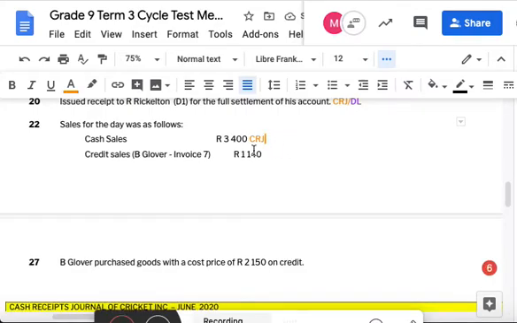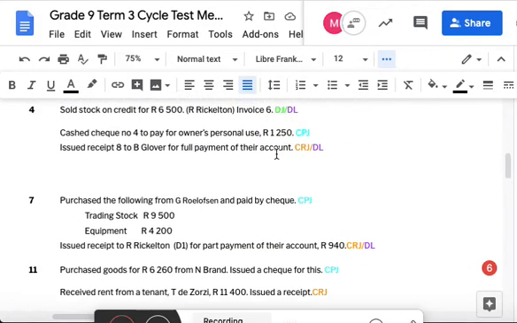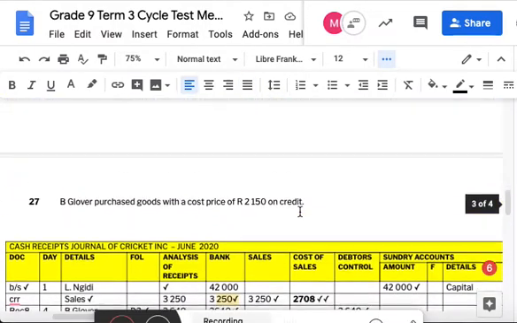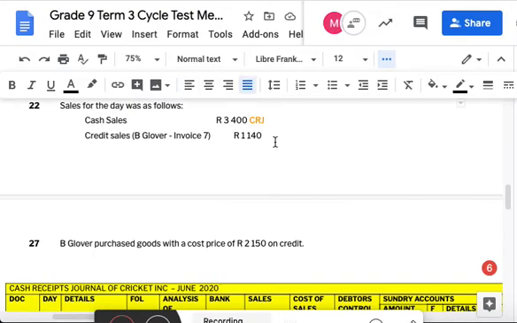And then on the same day, we had credit sales to B Glover, invoice number 7. What book does that go into? And we go into the debtors ledger as well as the debtors journal. Okay? Debtors journal for all the credit sales. Debtors ledger, each individual debtor has their own book where we keep track of their account.